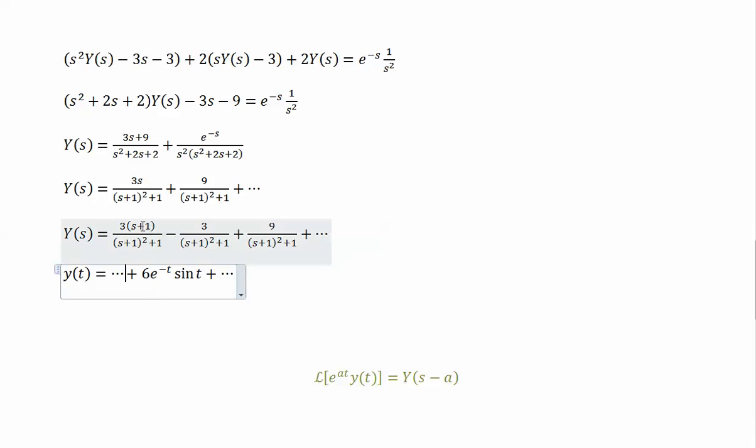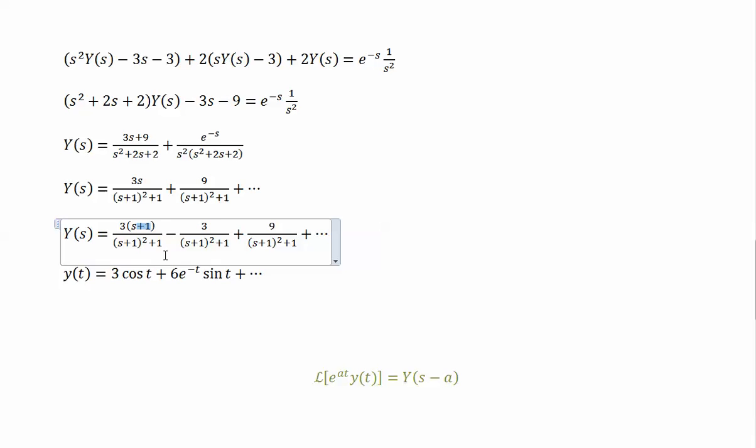Okay. Now back to this one. Now it's ready for prime time. We have s+1 in place of s everywhere. If it wasn't shifted, we would just have 3 and we would have cosine of t. Again, cosine of 1t, because you can see the omega is 1.